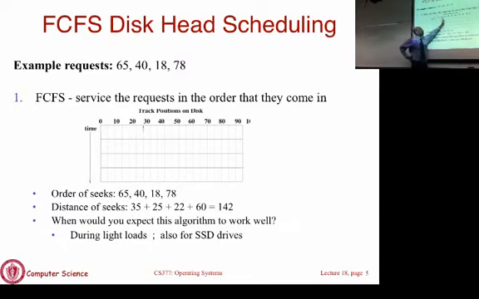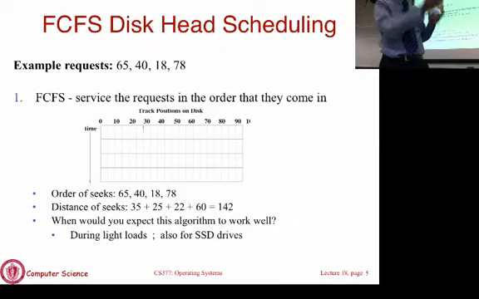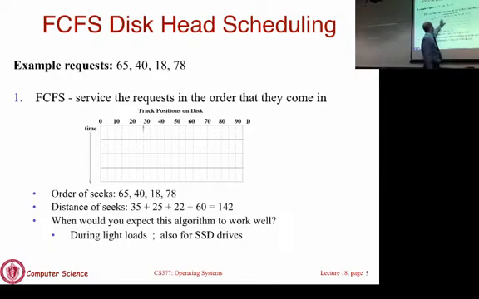Now a request for 65 came in. So you'll say go to track 65, seek to track 65. The disk head is going to move outwards and go to track 65. That's 35 seeks. You go to track 65, you read that data. Next request is 40, so you're going to move back all the way to 40.